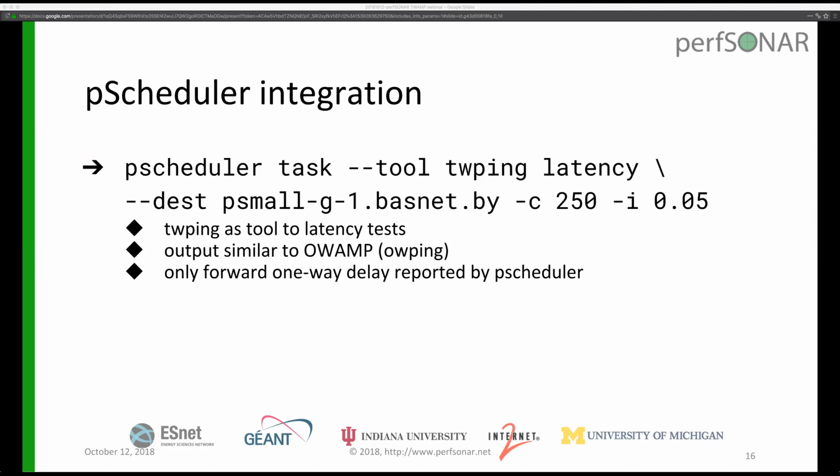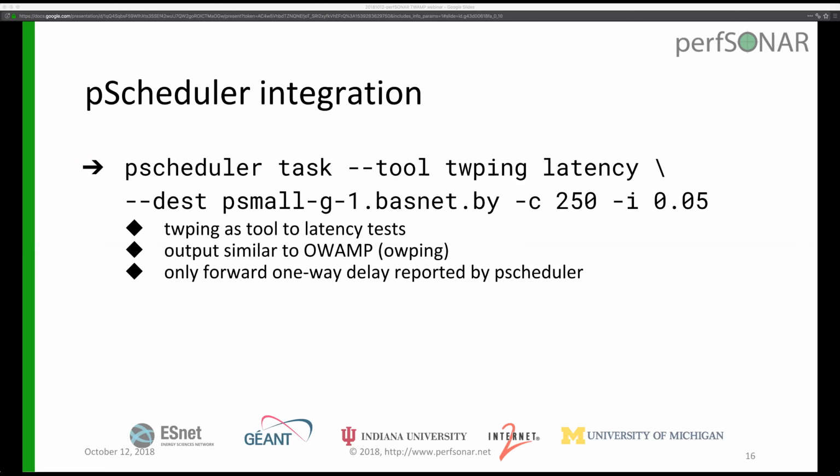I will show you the pScheduler integration as well, and this is how you would run a pScheduler latency task with the TWPing command. If you are familiar with pScheduler, this should be straightforward.